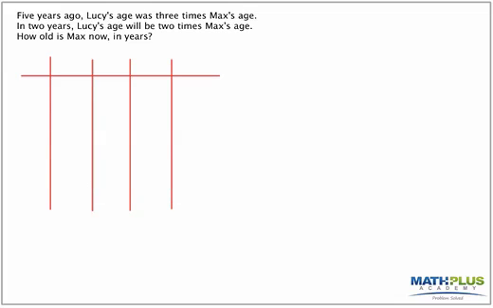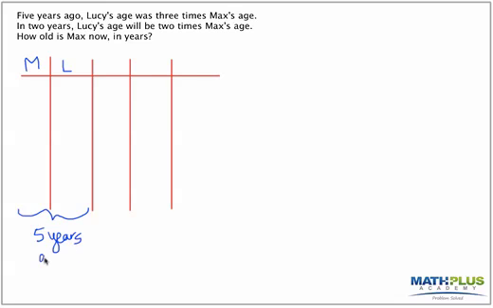There is another way to solve this problem, and that way is just to make a table. So I made myself a table, and what I'm going to do is start with Max's age and Lucy's age 5 years ago. So I'm going to label these two columns 5 years ago.